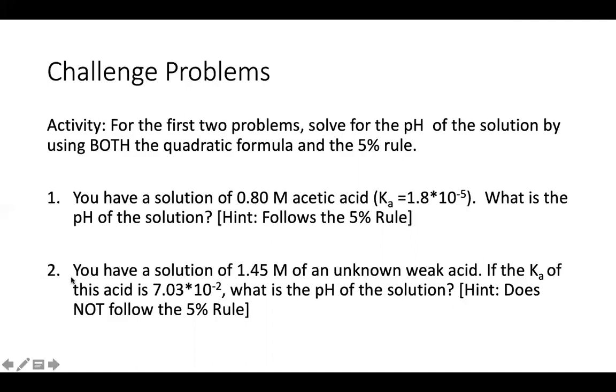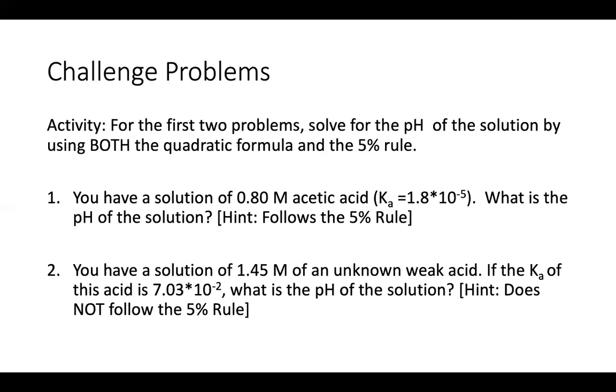Now, the second one, this is one that does not follow the 5% rule, right? If you solve it out, you'll find x is too big. And so I want you to solve it out, still using the 5% rule, like use it, and kind of pretend like it does work, okay? And then solve it out using the quadratic formula, and I kind of want you to be able to compare them and say, oh, you know what?